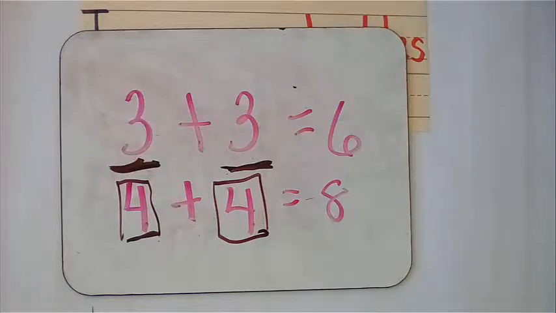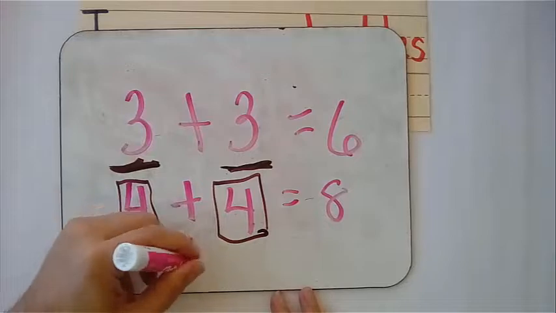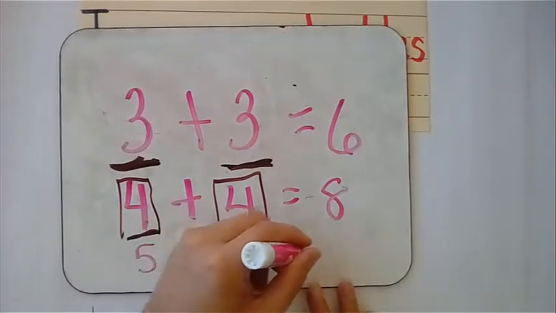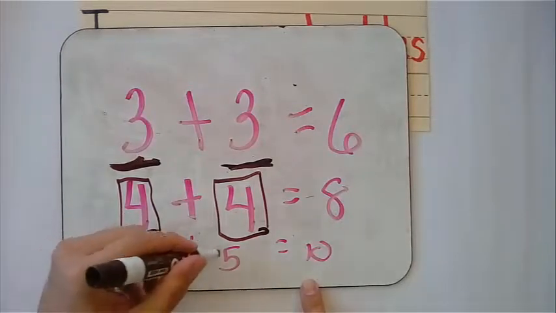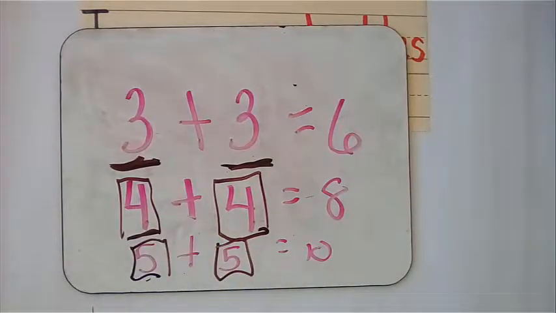How about 5 plus 5, right? 5 plus 5 is also a double add-in. Okay, so can I show you an easy way to remember some of the add-ins? Because there's a lot of add-ins, but if you want to just remember some of the smaller add-ins, I can show you an easy way.